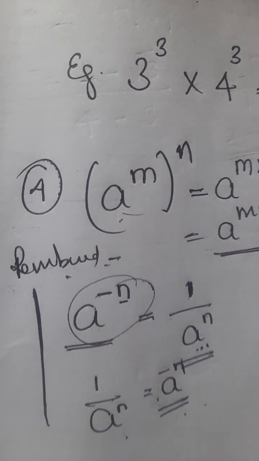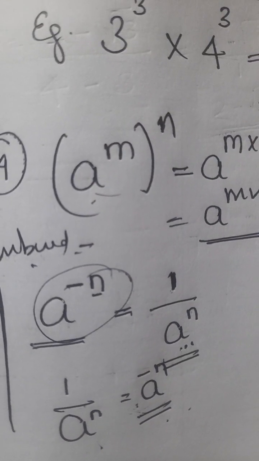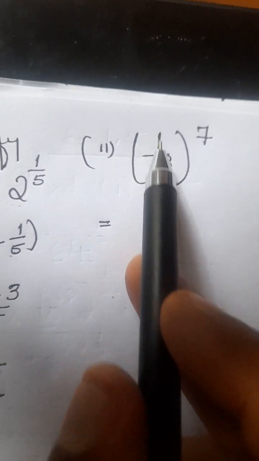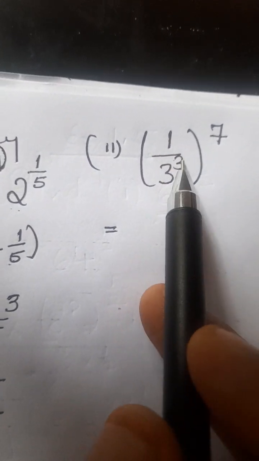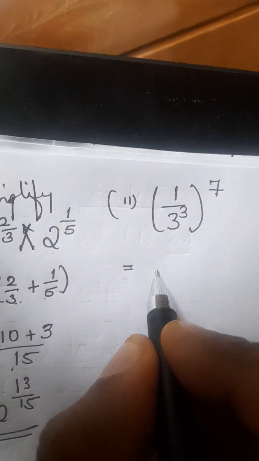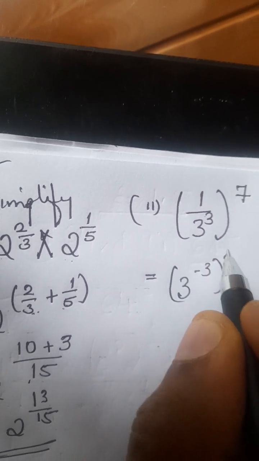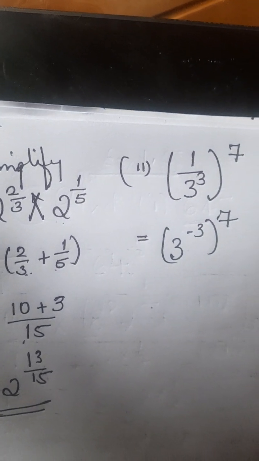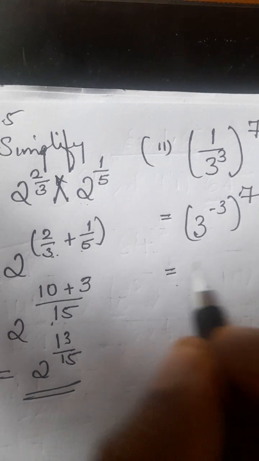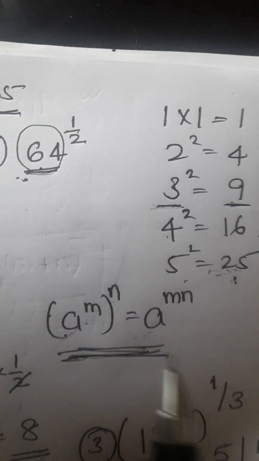This is what I'm making applicable in this sum. So this becomes 3 to the power minus 3 whole to the power 7. So now which rule will I apply? Now I'll apply this rule.